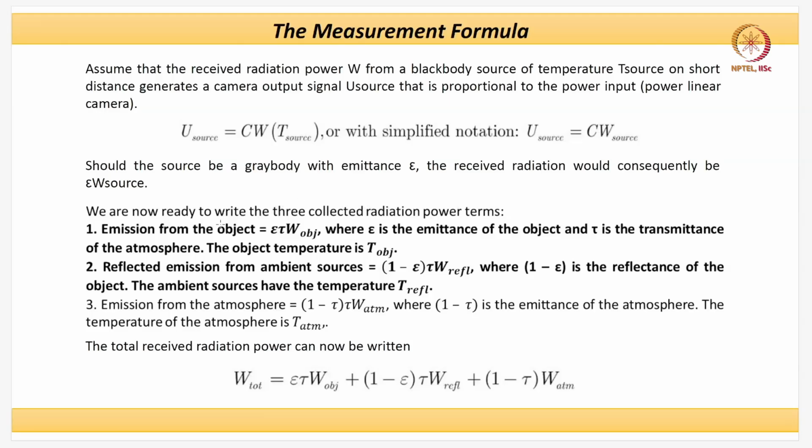One is emission from the object, which is epsilon tau W object, where epsilon is the emittance of the object and tau is the transmittance of the atmosphere. The object temperature is T object. Why are they multiplied by these two terms?